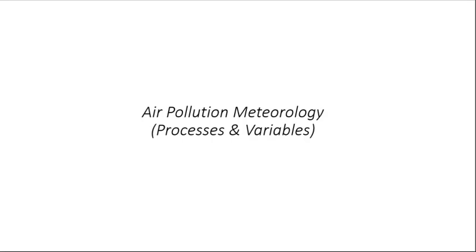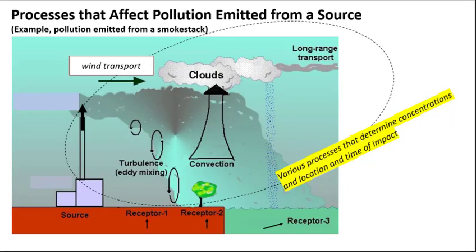Air pollution meteorology, processes and variables. We begin by reviewing a slide from a previous lecture, where the concepts of emissions from sources and concentrations at downwind receptors was introduced.